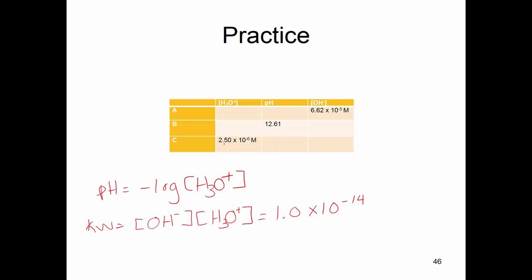We're going to first start with C. If I'm given the hydronium concentration and I want to find pH, all I have to do is take the negative log of it. In my calculator, I put negative log of, and then parentheses, and plug in 2.50 times 10 to the negative 6.